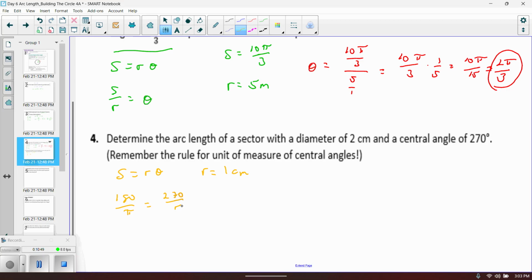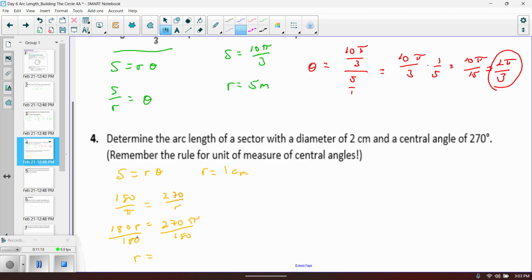So we can cross multiply and divide, and we should be able to find this in terms of radians now. We cross multiply, we should get 180 times r on one side, and then 270 times pi on the other side. And then to solve for r, we'll divide both sides by 180.